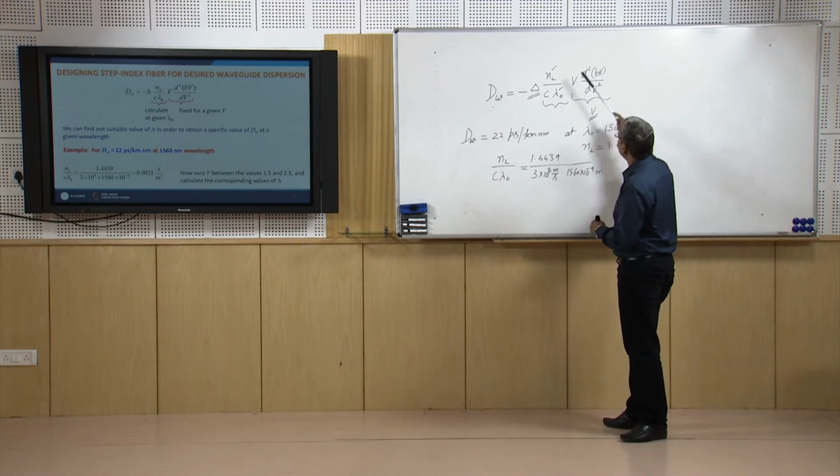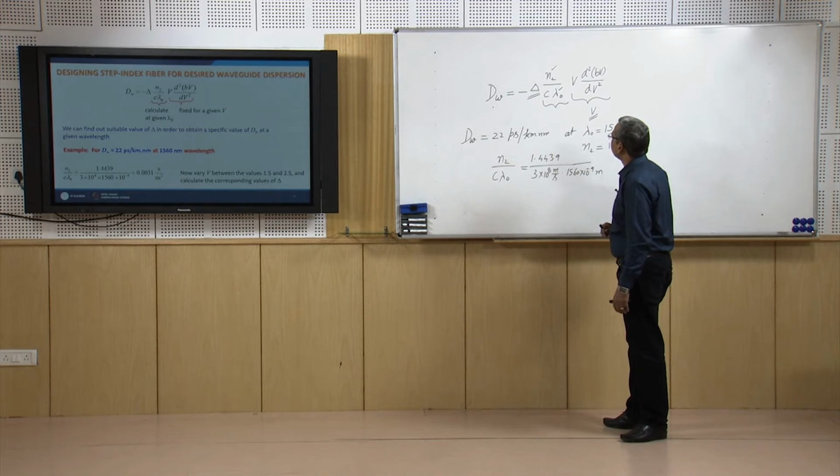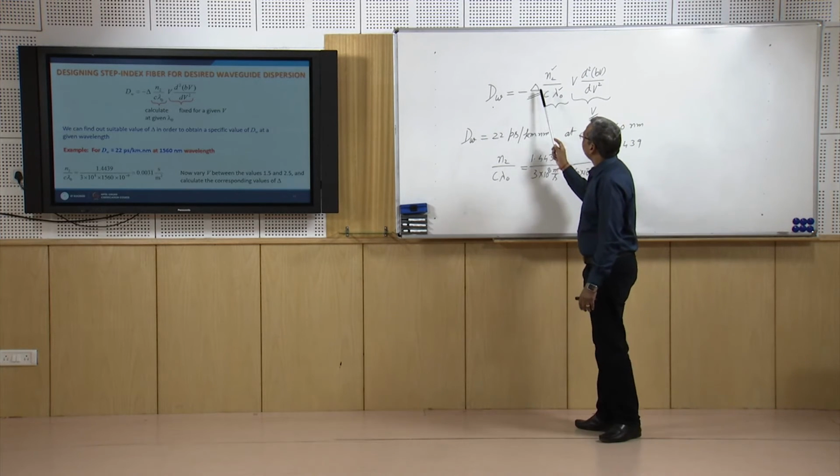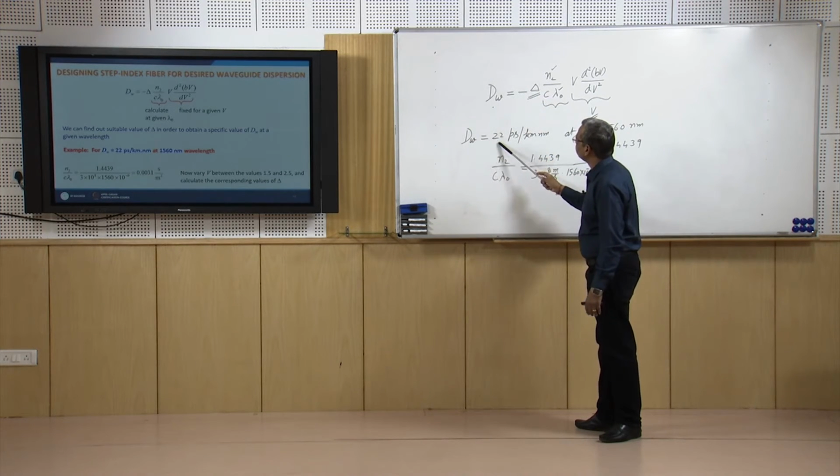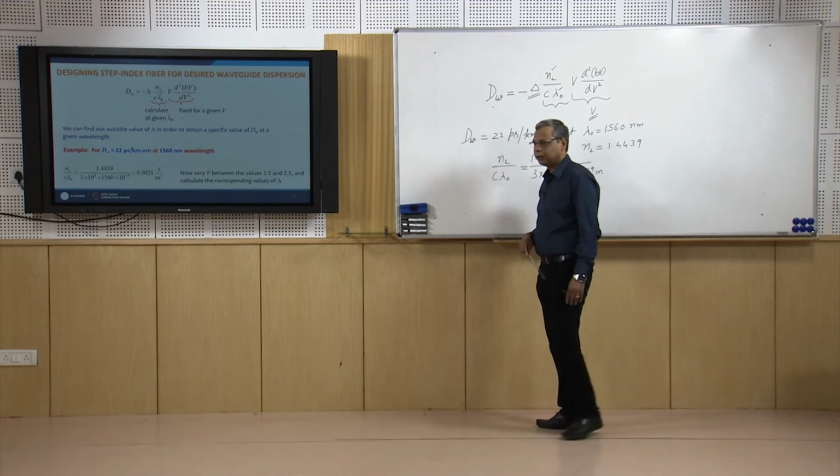So, I get this from the formula and then vary delta and then calculate delta in order to obtain dW is equal to 22 picoseconds per kilometer nanometer.